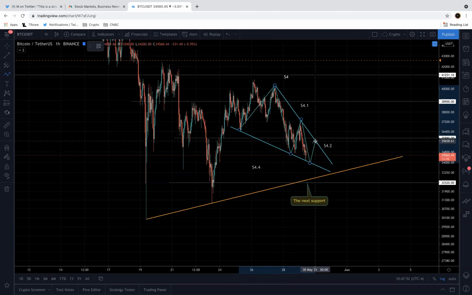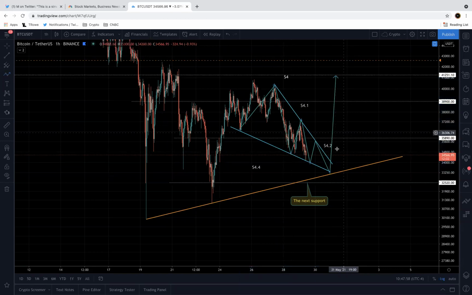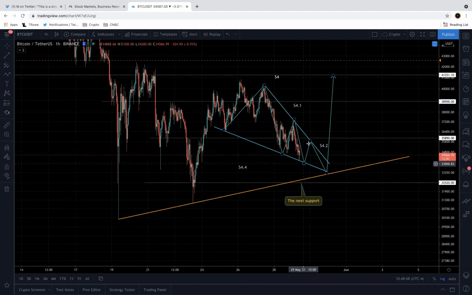Now it could do something like this also, and this, and then move up, right? Or it could move up from here also, right? We don't know.